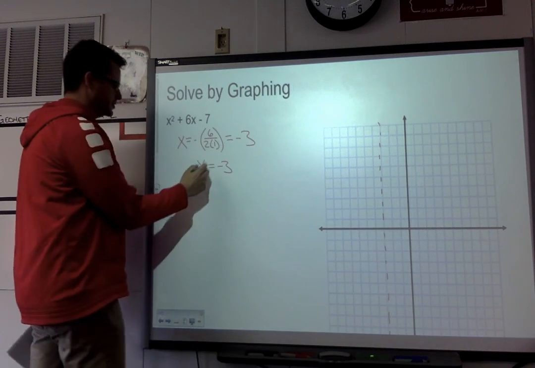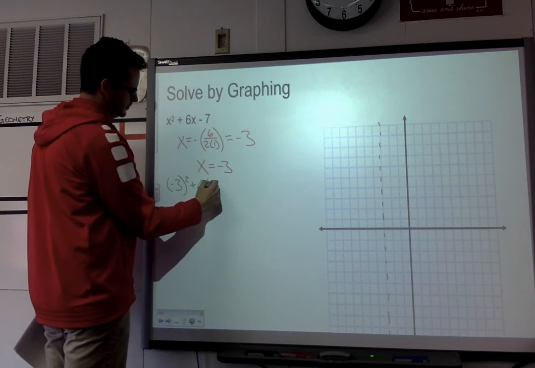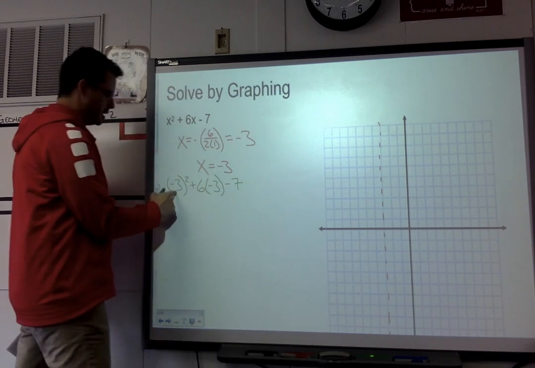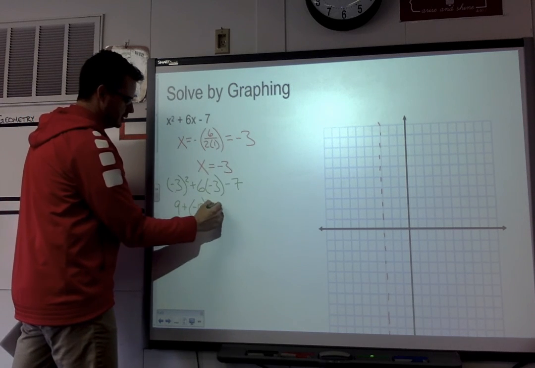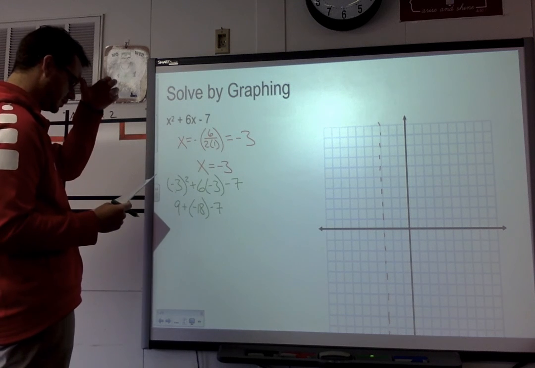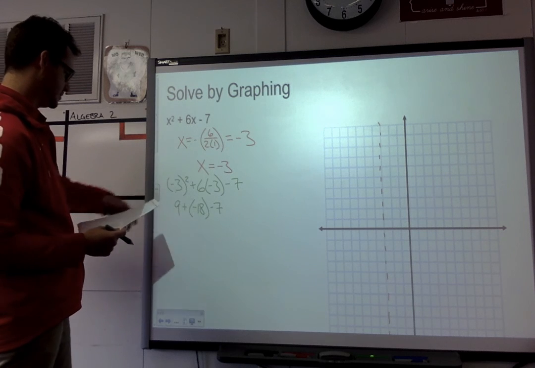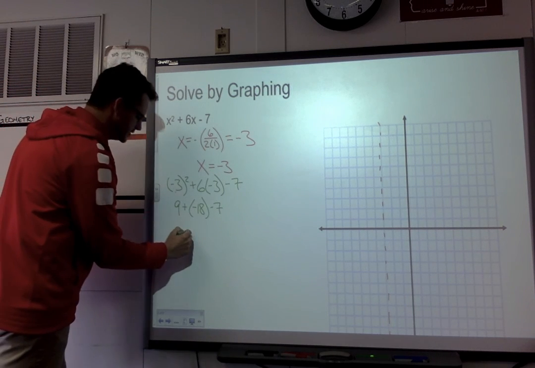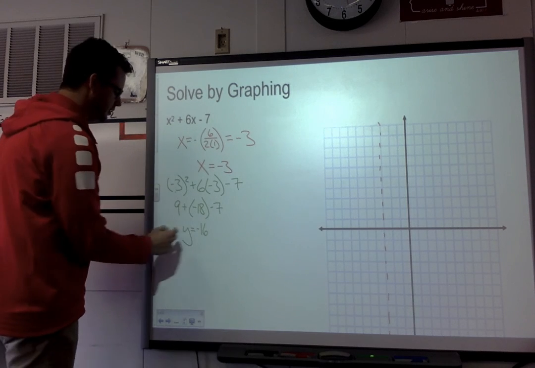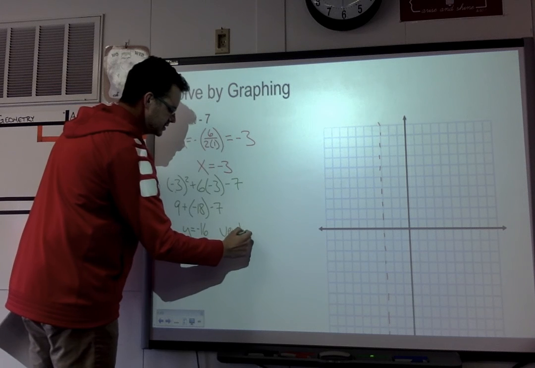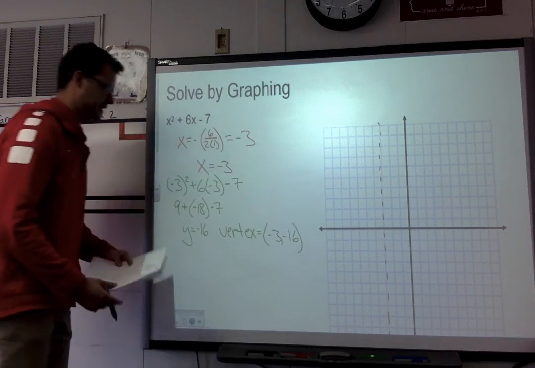Next, find our vertex by plugging negative 3 into the original. So this would give me 9 plus negative 18 minus 7, which gives me, let's see, 9 plus negative 18 is negative 9, minus 7 would be negative 16. So that means my vertex is going to be at negative 3, negative 16.